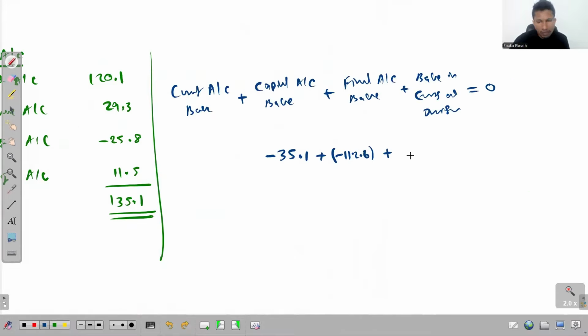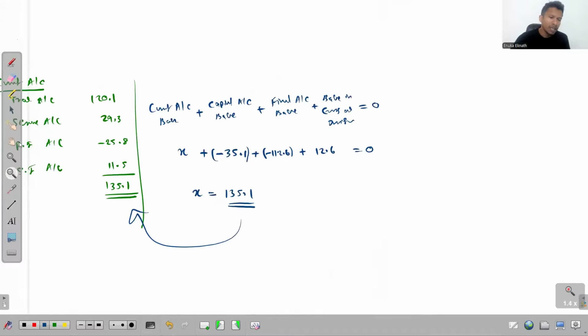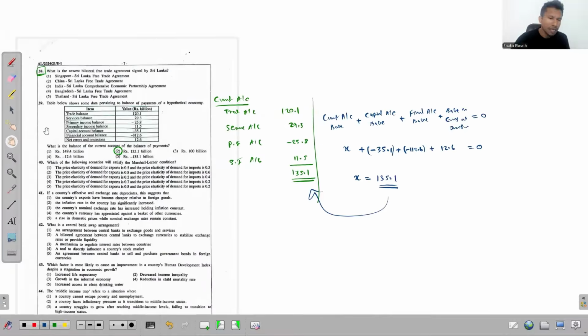That's a plus value, 12.6, must be equal to 0. And one is still unknown. What is that unknown value? That is the current account balance. So you solve this equation and you find the value of x. That x will again be 135.1. So same as the previous answer you received. So these are two different methods, and you can apply any and you can find the exact same answer.